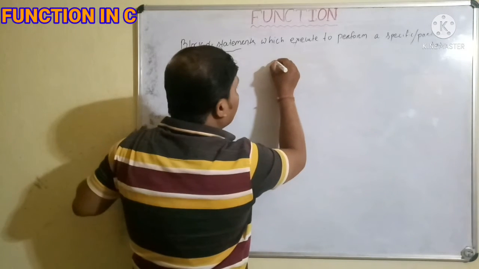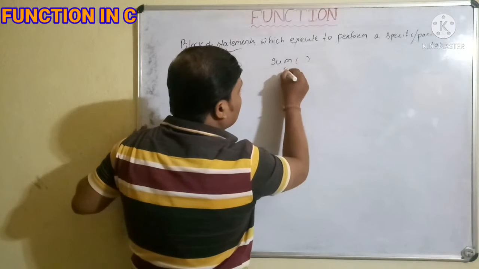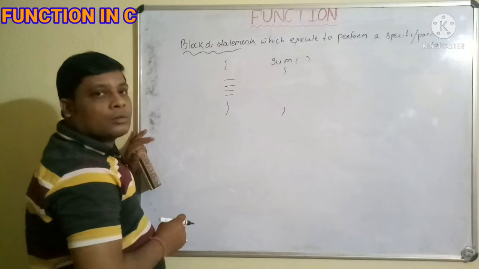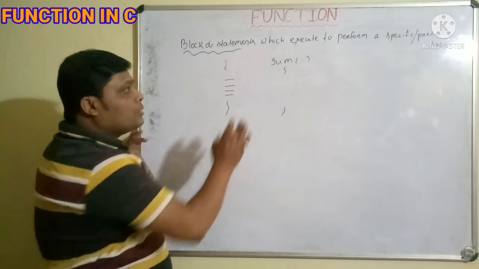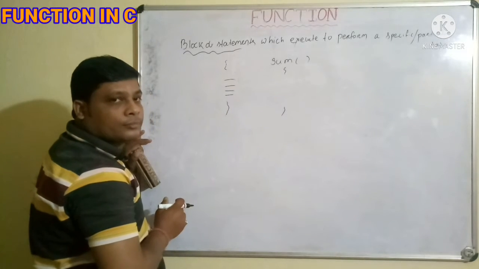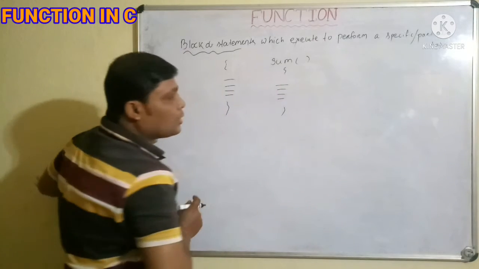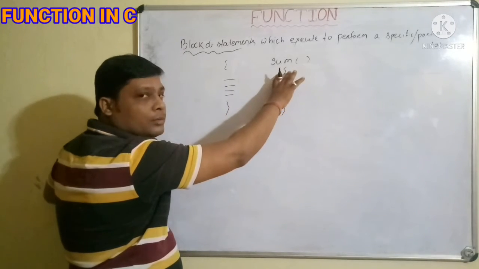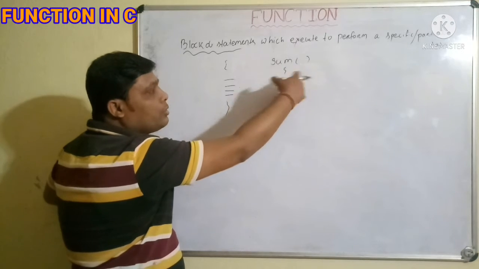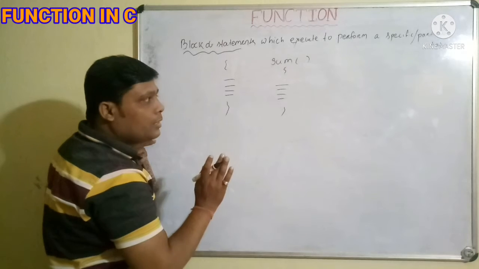Suppose I am taking one sum function. Clear? This is the sum of two numbers. Suppose I have two numbers. Clear? So some statements will be there under this function, this block. This will execute and it will calculate the sum of two numbers. Clear?